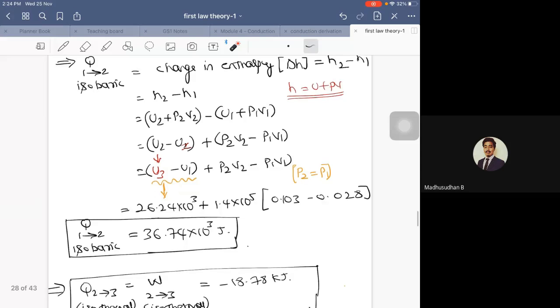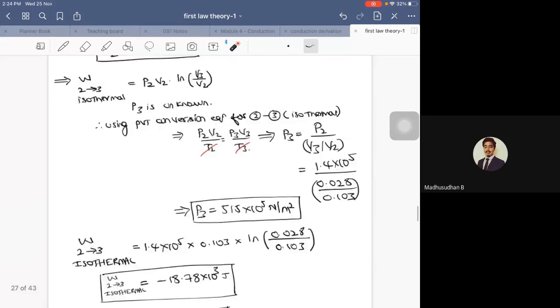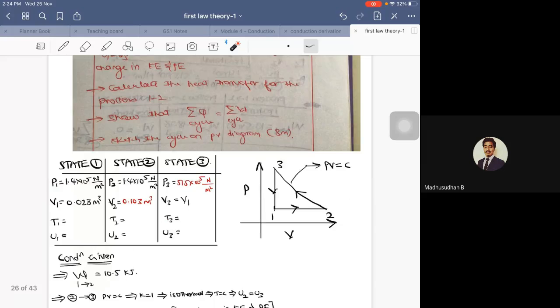Now, how do I calculate the heat flow for the process 2 to 3, which is isothermal? How to calculate the heat flow?